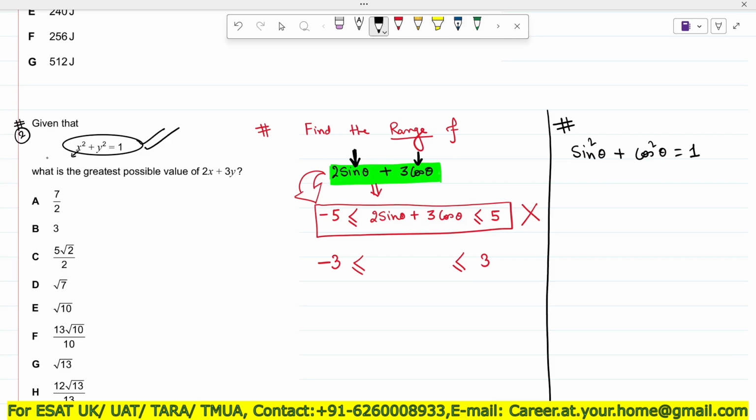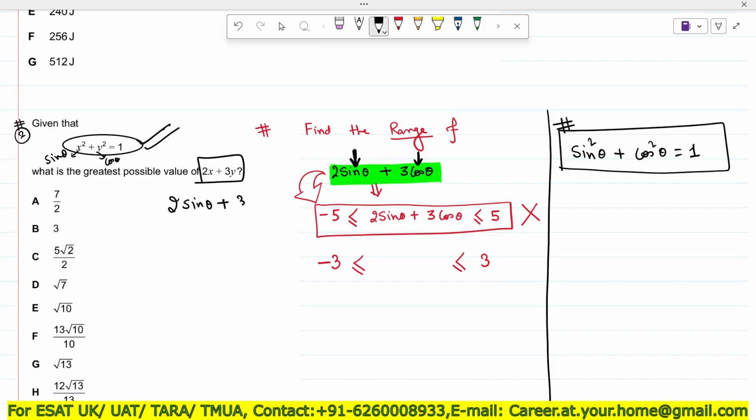Suppose x is your sine theta and y is your cos theta. Then this condition, sine square theta plus cos square theta equals 1, is also applicable here as x square plus y square equals 1. So it means you have to find the greatest value of 2 sine theta plus 3 cos theta.